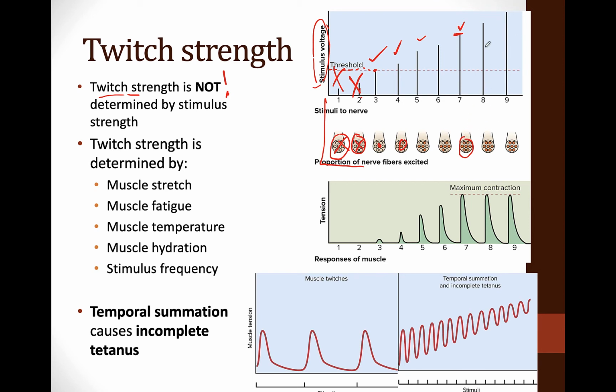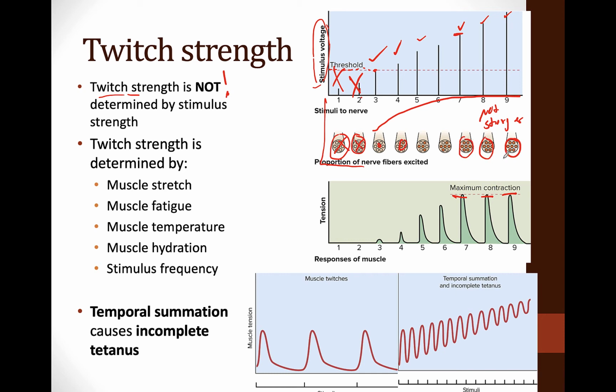So if I keep upping this voltage, these are not going to be stronger. This is going to kind of not react and then go up and then plateau, because at this point the entire muscle was already recruited. So here's that contraction strength, and it's just staying the same because the entire muscle was already working here.